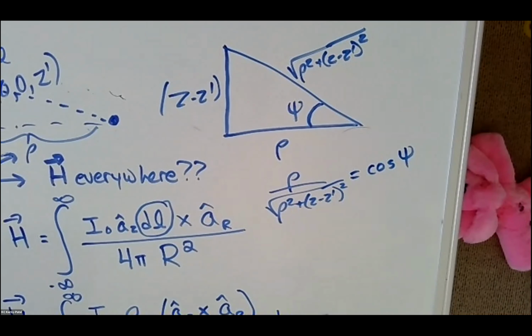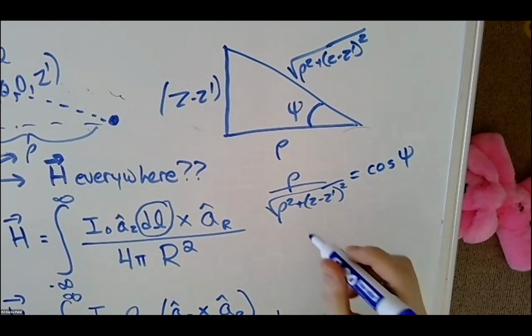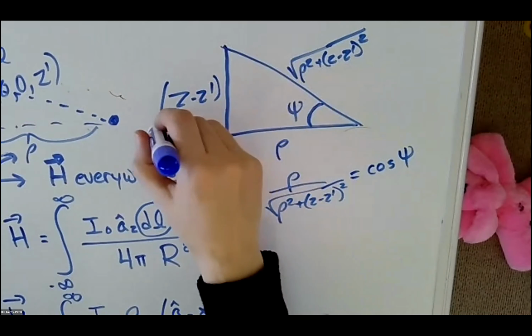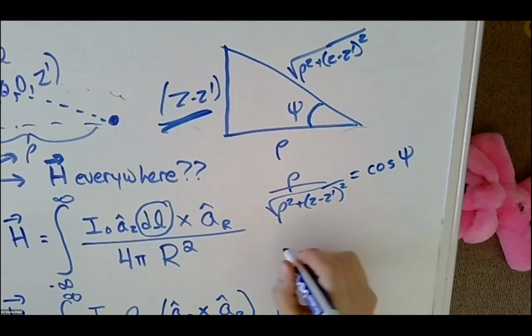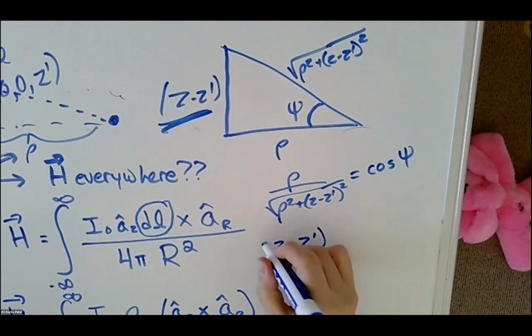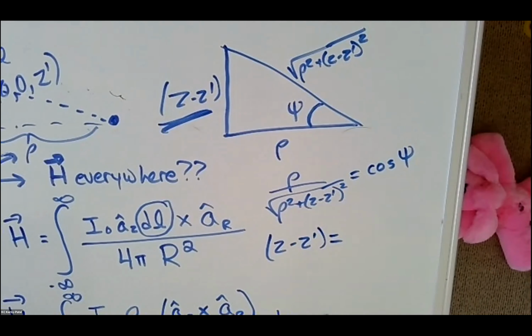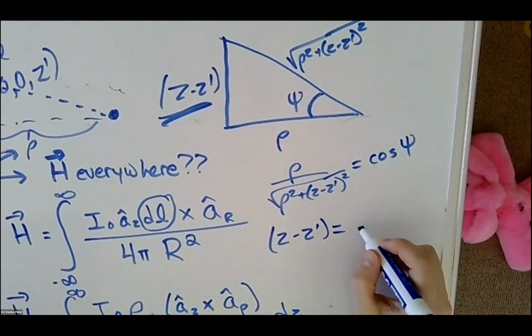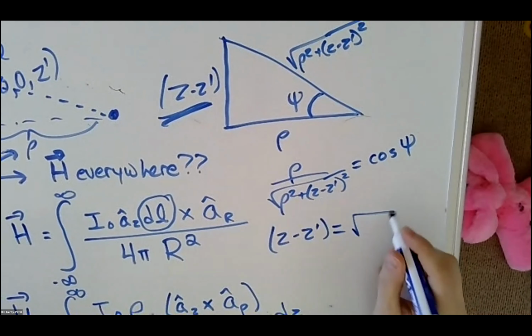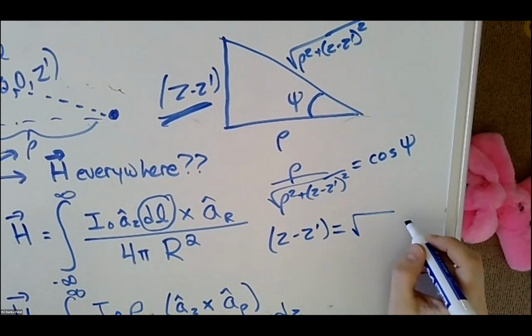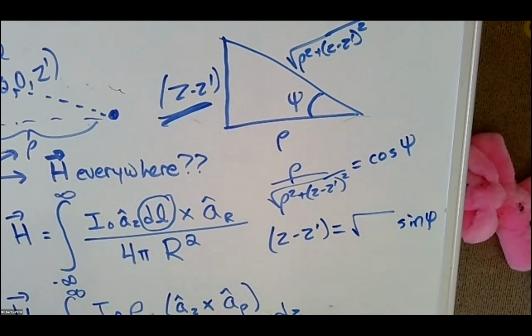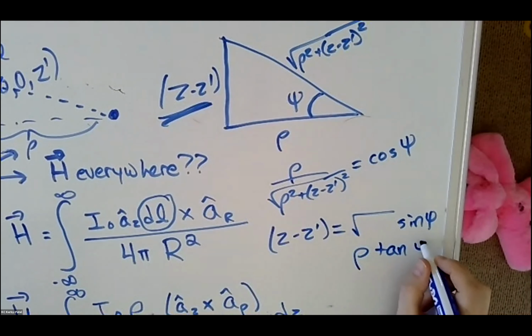And this z minus z prime part, I could actually write in 2 different ways. I could write it as the stuff in the square root times sine of psi, or I could write it as rho times tangent of psi.